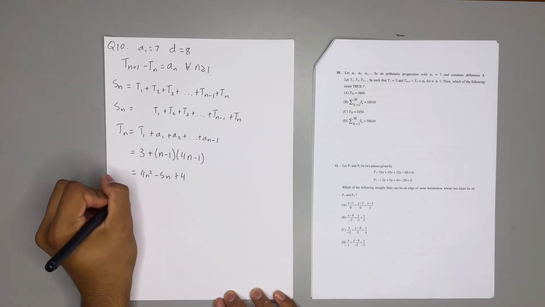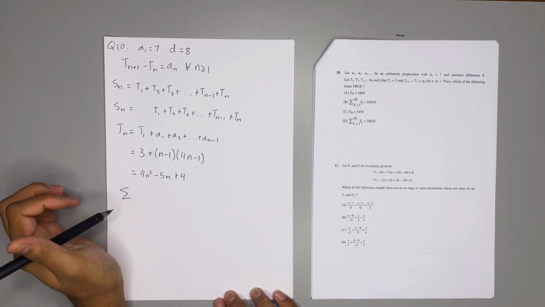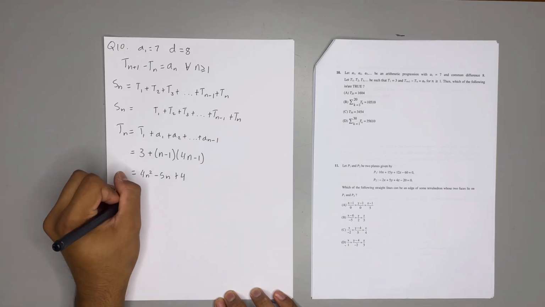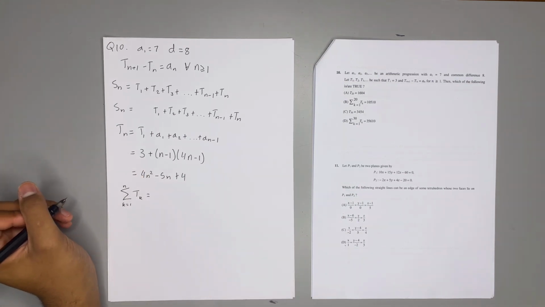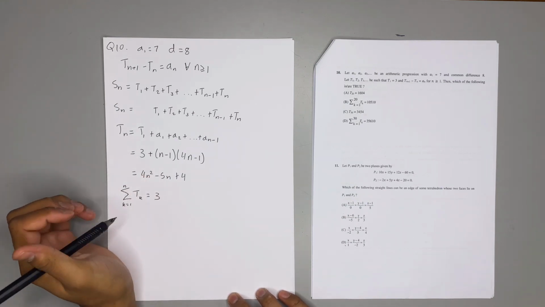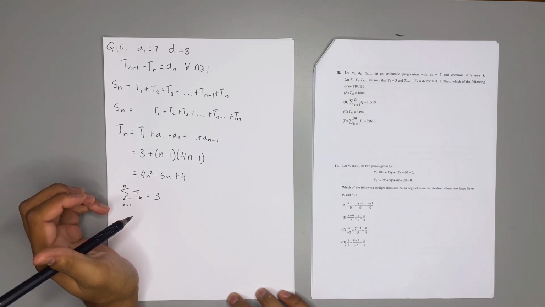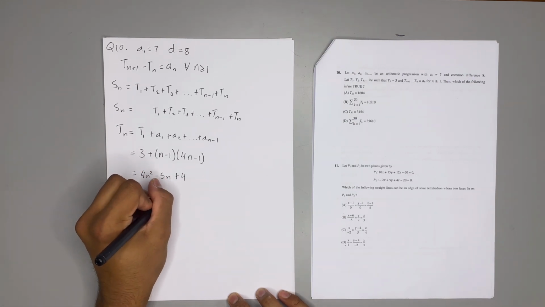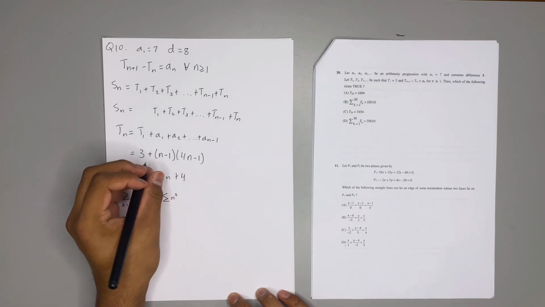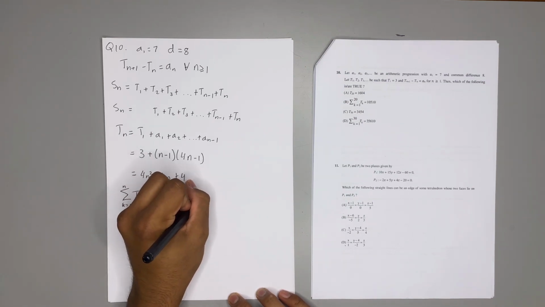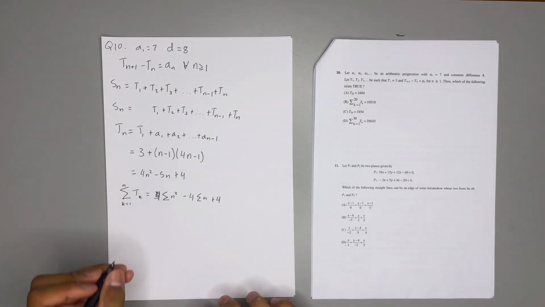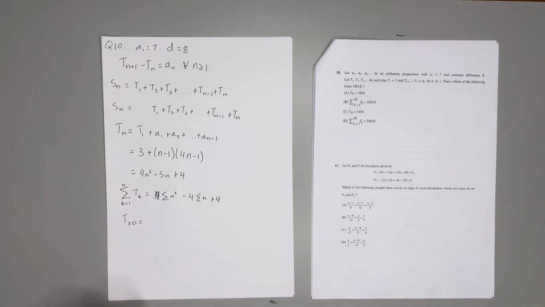Correct? Writing it as a sum, k equals to 1 to n, we have T of k equals to, apologies, 4. We have 4 sum of n squared minus 4 sum of n plus 4.